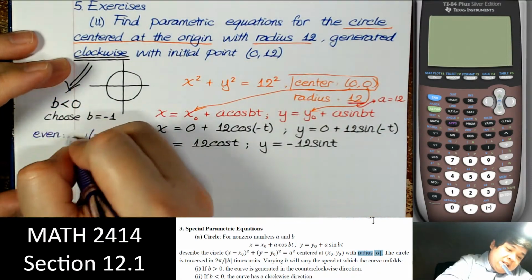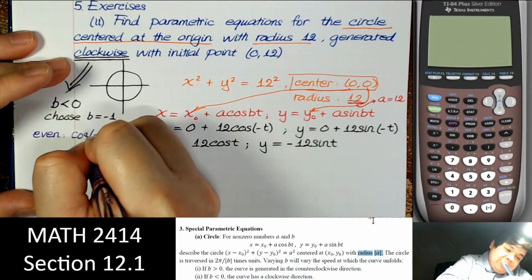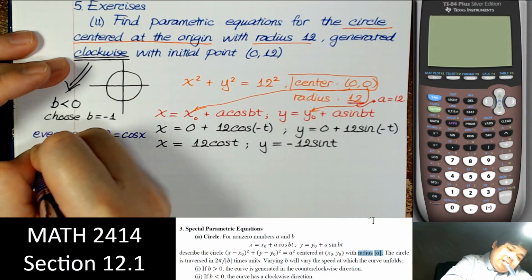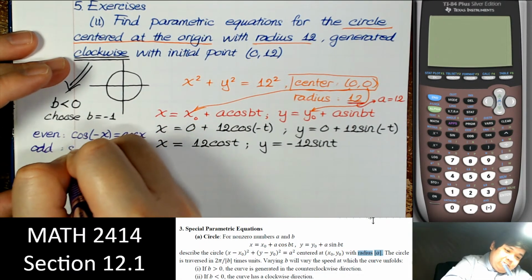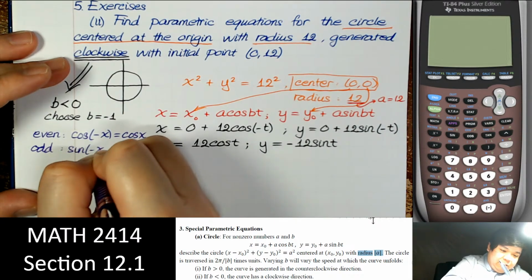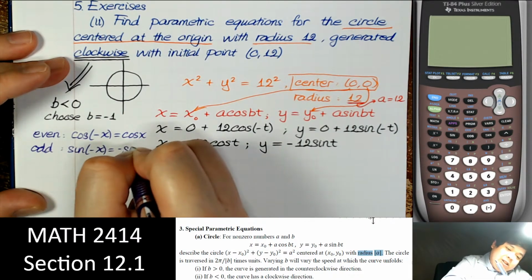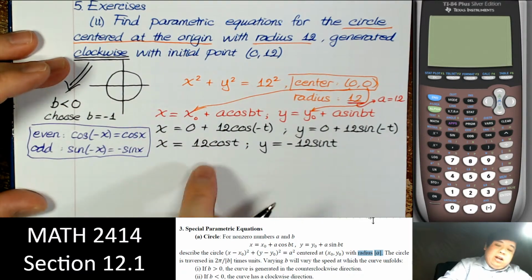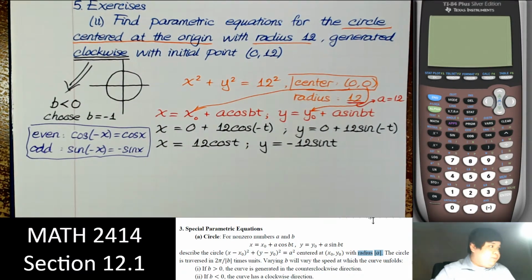Cosine is even, and sine is odd. Sine of negative t is negative sine t. That's why we have this equation.